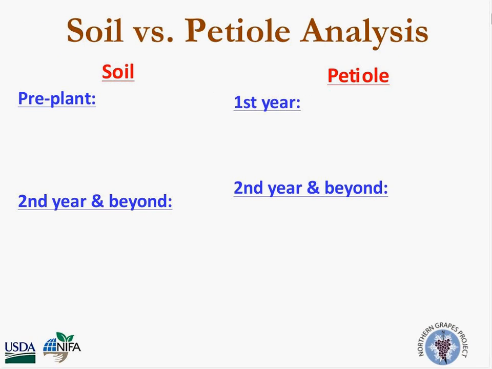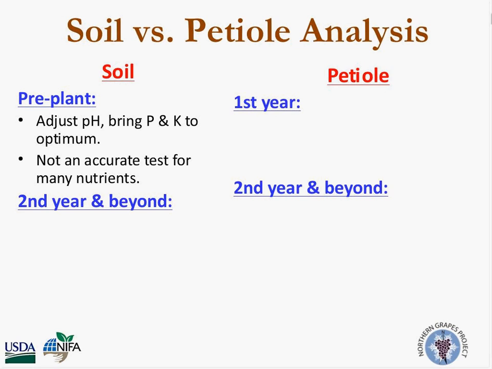Taking a look at soils in terms of what needs to be done pre-plant, basically we're looking at adjusting pH, looking at phosphorus and potassium levels, and bringing those up to optimum levels.